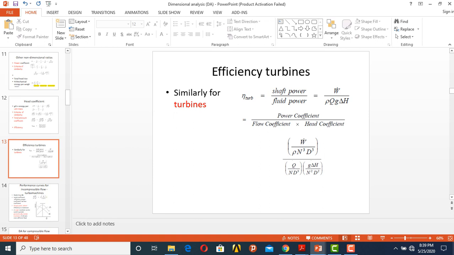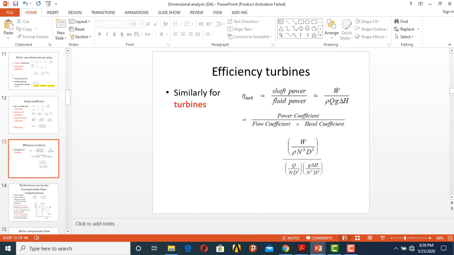That implies that the fluid has higher energy than the machine which is extracting it. So for the efficiency, we compare the energy of the fluid to the energy extracted by the machine. So the shaft power, the machine extracted energy, to the fluid power, which is the energy possessed by what? The fluid. That way we get the efficiency of the turbine.